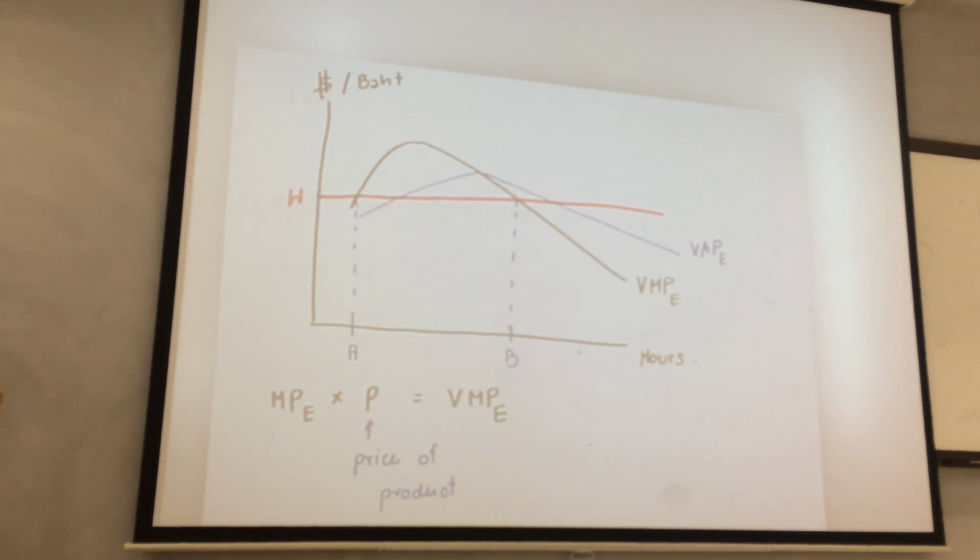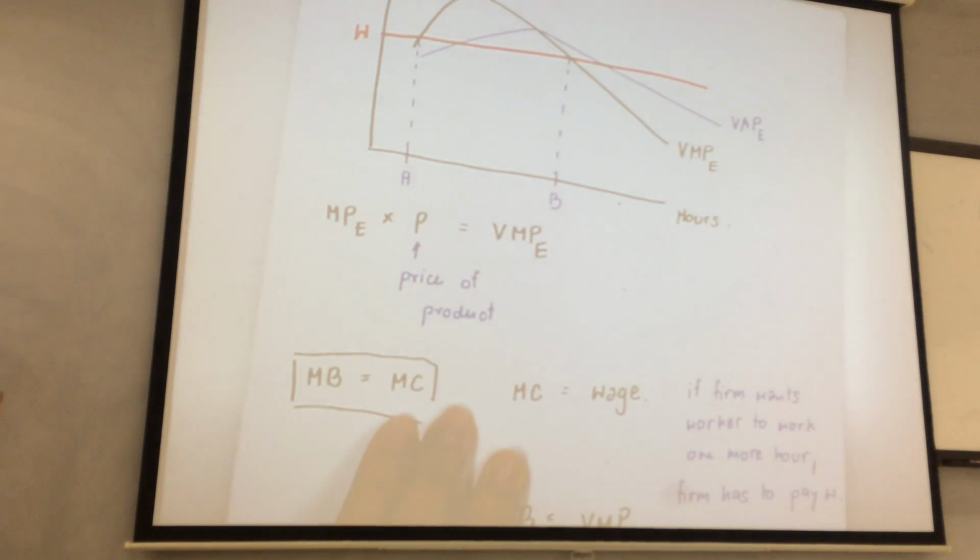I mean, you can produce at A if you want, but it's actually not profit maximization. That's true. But it's also not the optimal choice that you should pick, because if you look at the condition of marginal benefit equal to marginal cost, you want to stop right here.